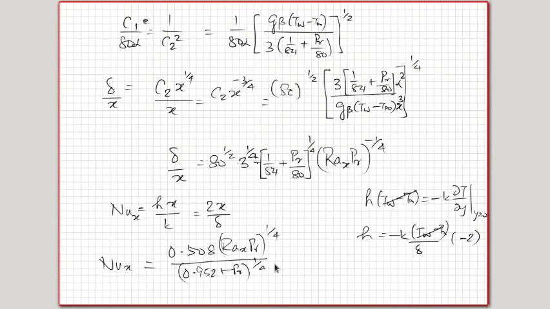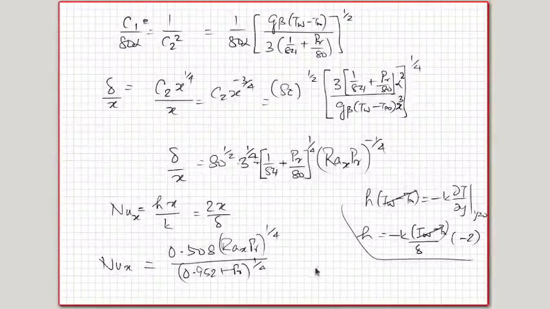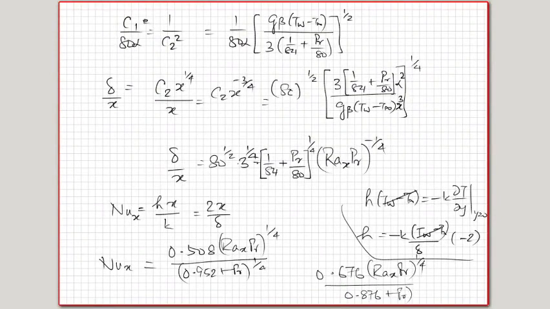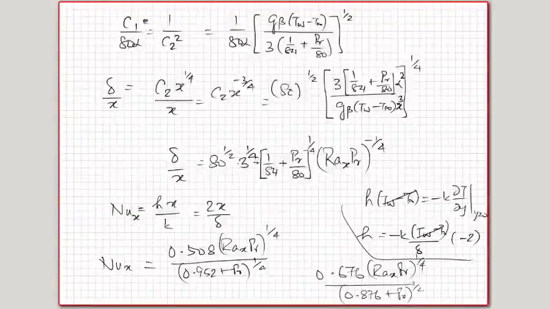Now this is the expression that you get from the integral method, and if you compare it with what we got by Ostrach's method, that was 0.676 Ra_x Pr whole to the power of 1 by 4 divided by (0.876 plus Pr) whole to the power of 1 by 4.